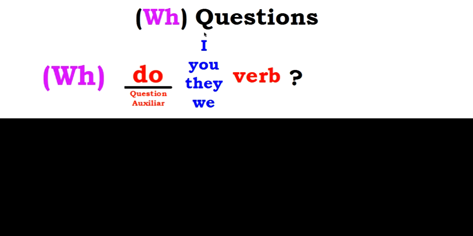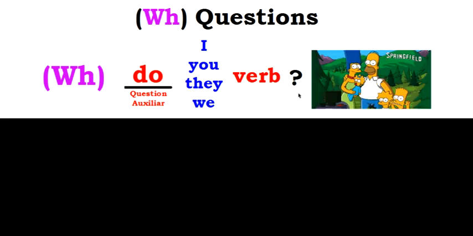Okay, the next part of the grammar are WH questions. WH questions are the same as normal questions, but with a WH question word. So we use WH question word and the auxiliary and the subject and the verb.